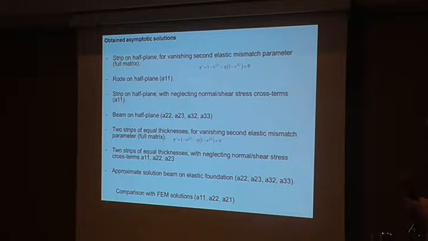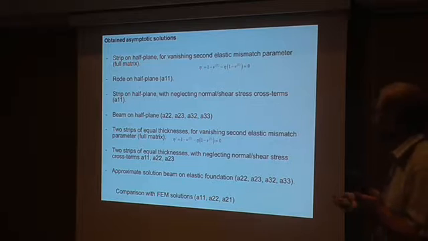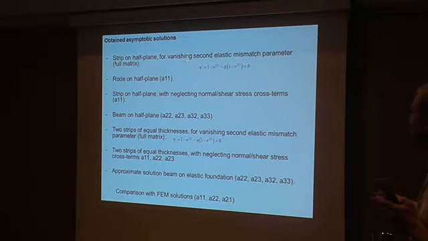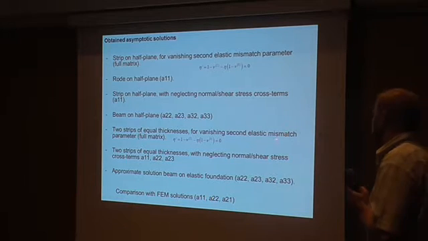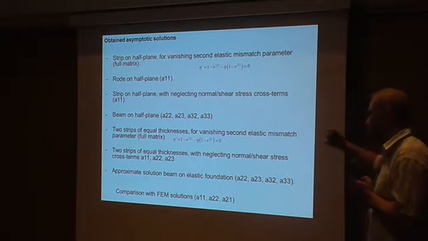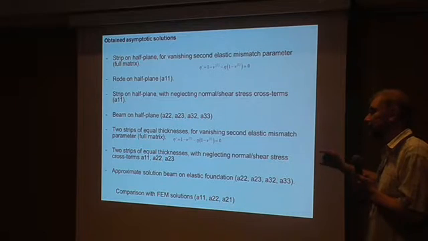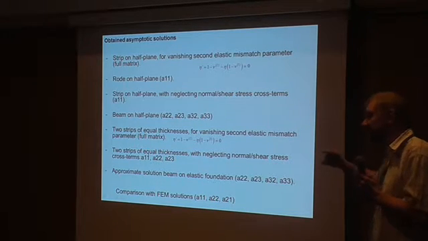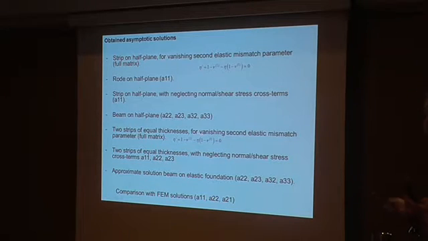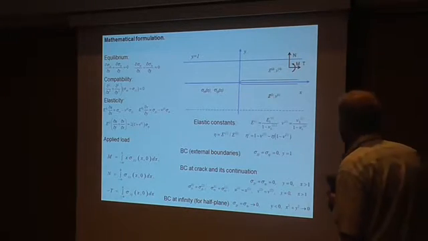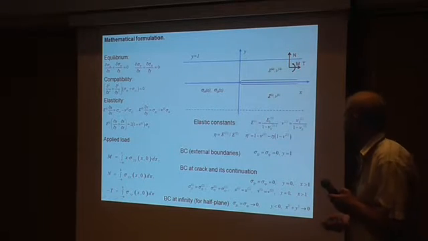The exact solution was obtained for two particular cases: a strip on a half plane with vanishing parameters of elastic mismatch, and two strips of equal thickness with vanishing mismatch parameter. All the rest was obtained approximately.